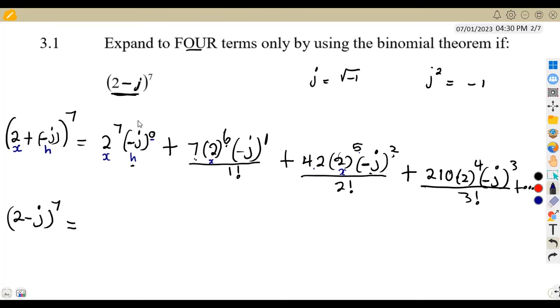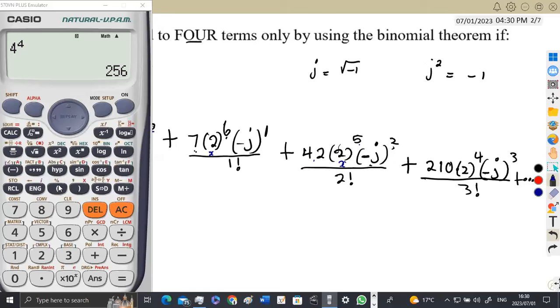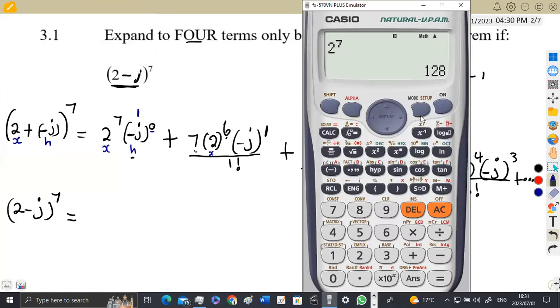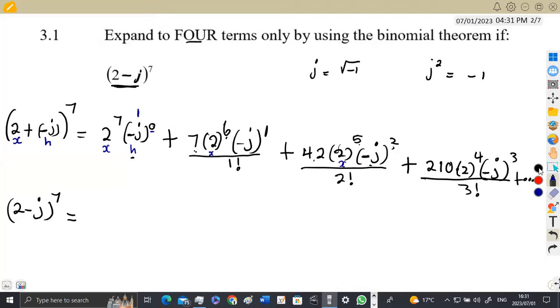So here we are going to have 1 times 2 to the exponent of 7, which from your calculator, you can simplify. That is 2 to the exponent of 7, which is 128. So we are going to obtain 128.